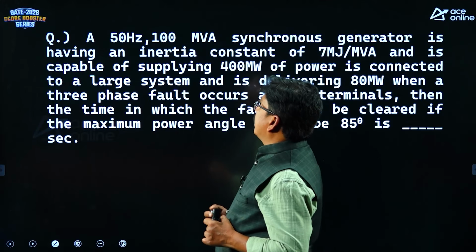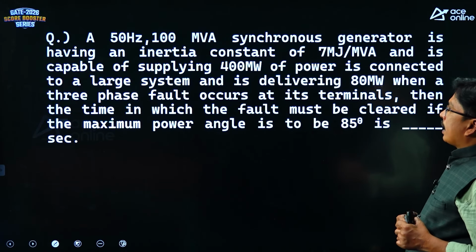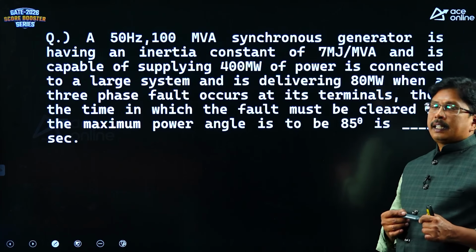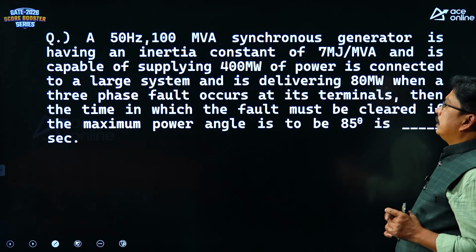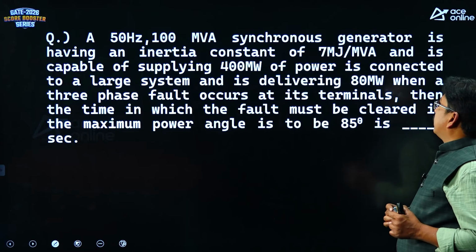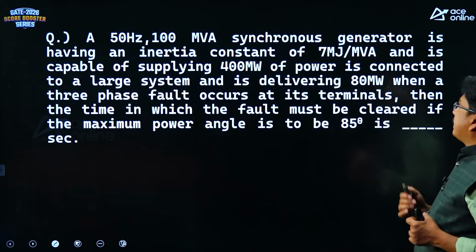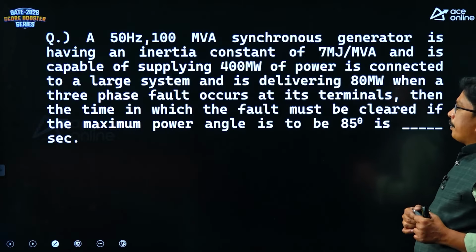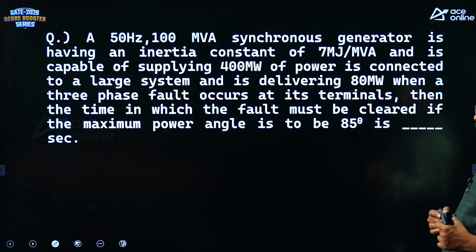A 50 Hz 100 MVA synchronous generator has an inertia constant of 7 megajoules per MVA and is capable of supplying 400 megawatt of power. It is connected to a large system and is delivering 80 megawatt when a three-phase fault occurs at its terminals.